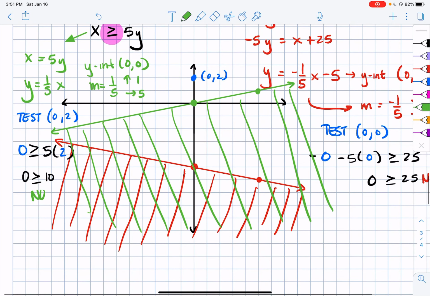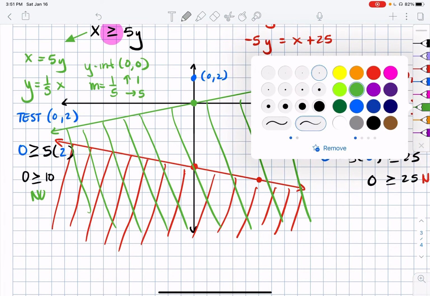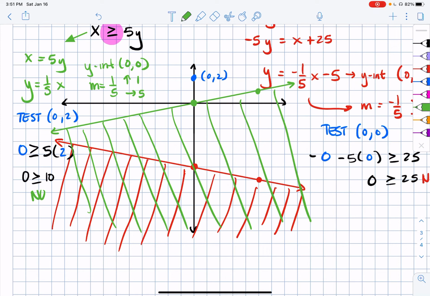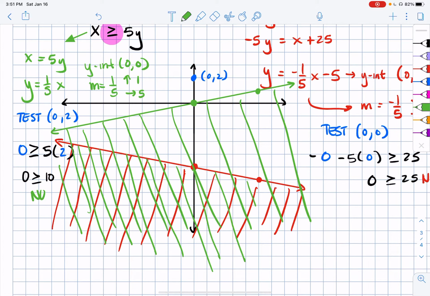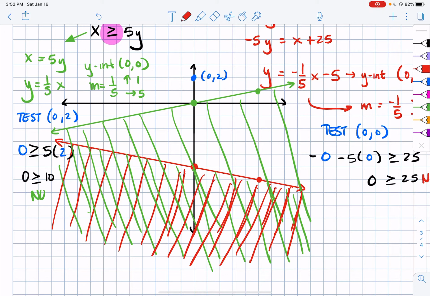What I'll tell you is that whatever is double shaded would be your solution, which is going to be all right in here. So that is going to be your solution wherever it's double shaded.